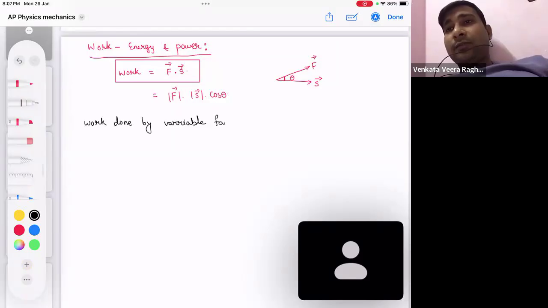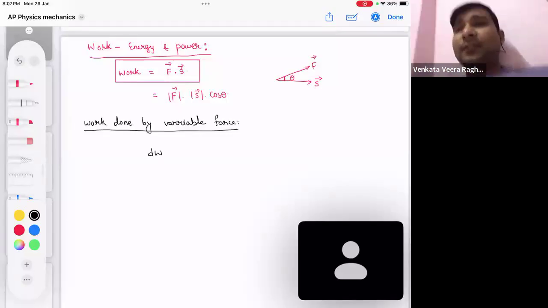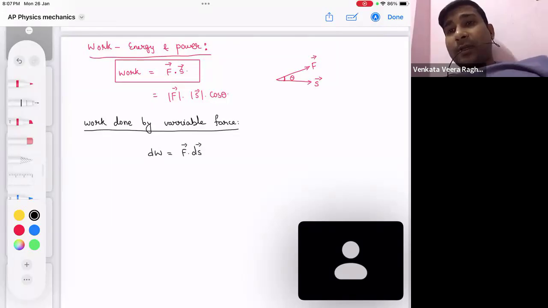Then that force will be called the variable force. If the force is variable, then we will first calculate the work done for a small displacement, which we will call F dot ds. And to calculate the total work done, we should integrate the F dot ds.